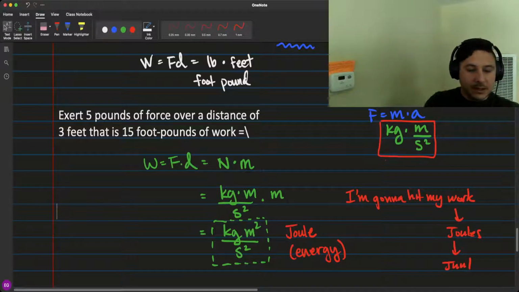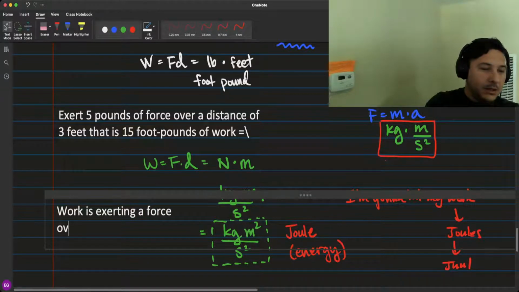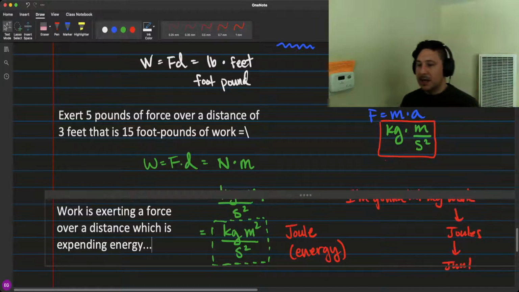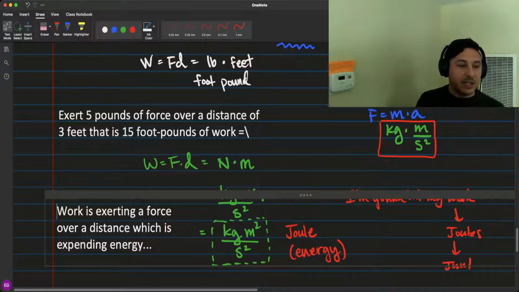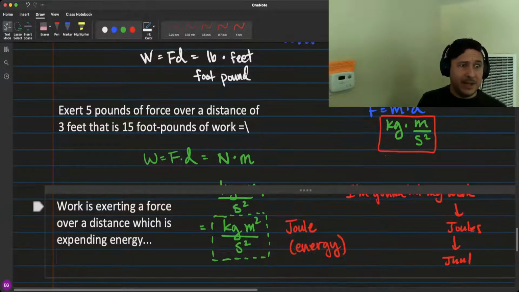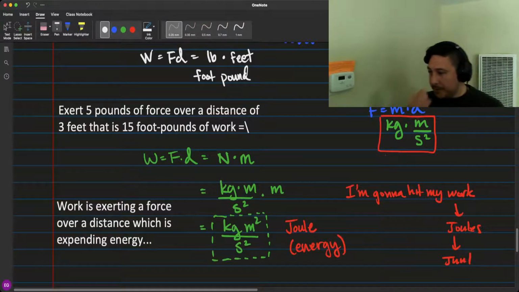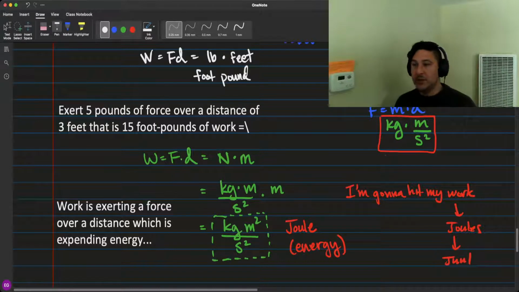So we're going to write this. Work is exerting a force over a distance, which is expending energy. So it makes sense that your measurement of work is just a measure of the energy spent, which is why the joule, the measure of work, is the measure of energy.